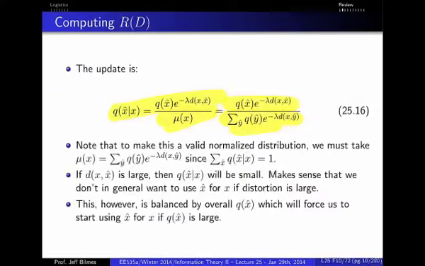And so that guy can be expressed very easily to be proportional to the marginal, q of x hat, times e to the negative distance, which we saw makes a lot of intuitive sense, because highly distortive pairs of symbols should get a low conditional probability and vice versa. Things that don't cause so much distortion shouldn't have a low probability.